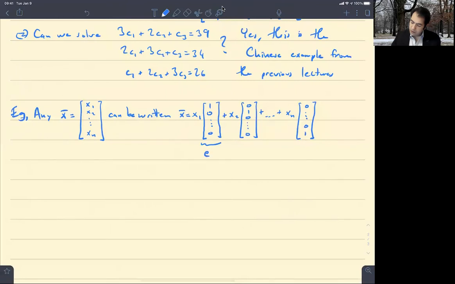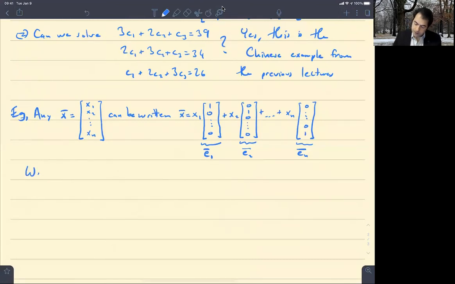So we'll give these names. This vector will be denoted e1. This vector will be denoted e2. This vector will be denoted en. Right? So in general, ej would be the vector that has zeros everywhere except a 1 in the jth spot. And these vectors will come up so much that we give the set a name.